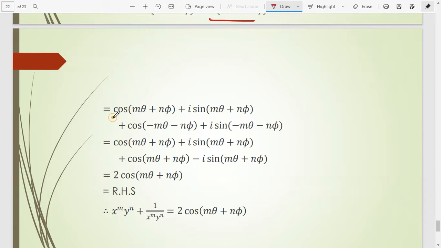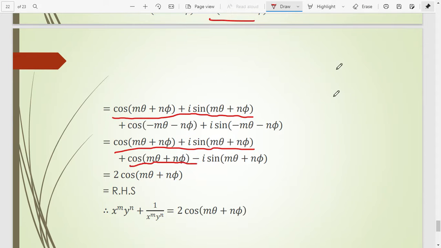So this is as it is, and cos minus m theta minus n phi is equal to cos m theta plus n phi, because this is x-axis and minus theta means this is 0 minus theta.